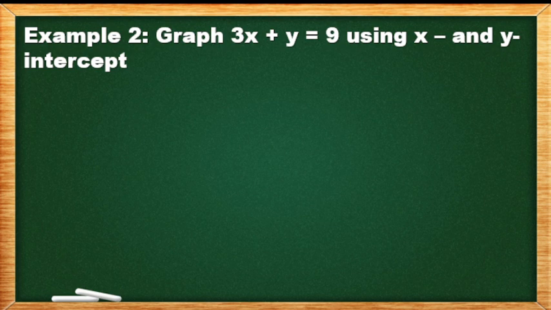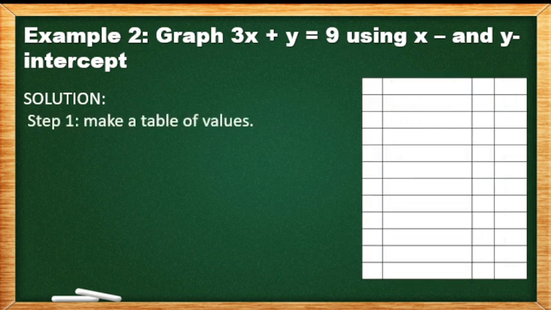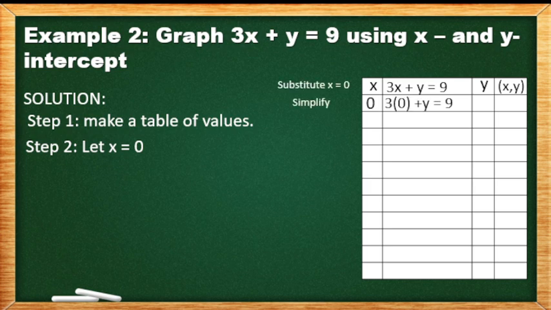Example number 2. Graph 3x plus y is equal to 9 using x and y intercept. Same procedure. Make a table of values. We let x is equal to 0. So, mawawala lang yung 3x kasi 0 yun. So, meron tayong y is equal to 9. So, no need to divide kasi y na mismo yung nakuha nating value.